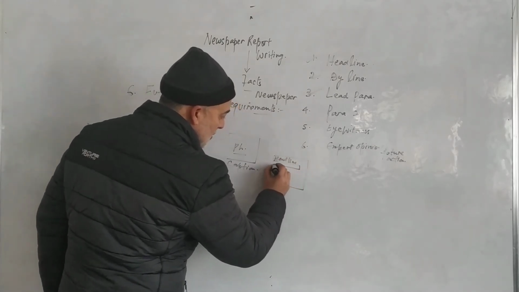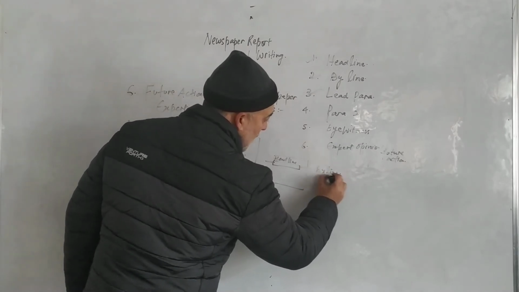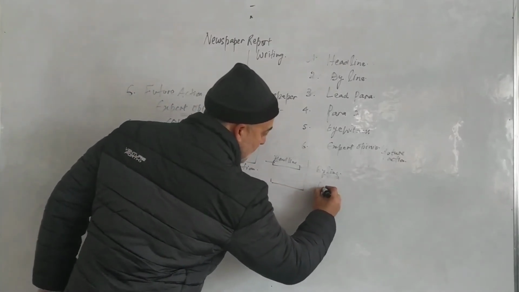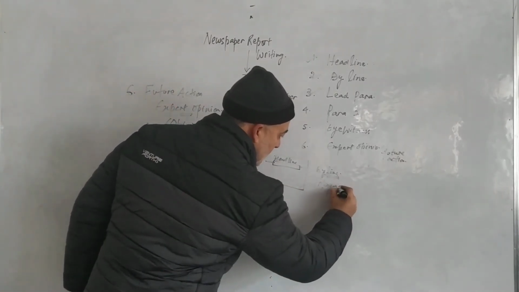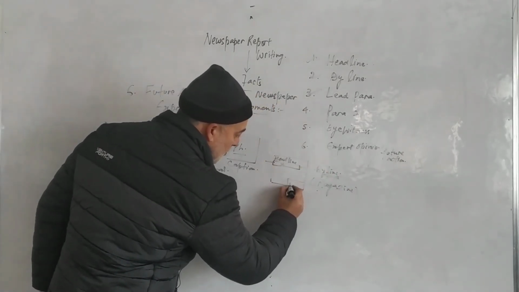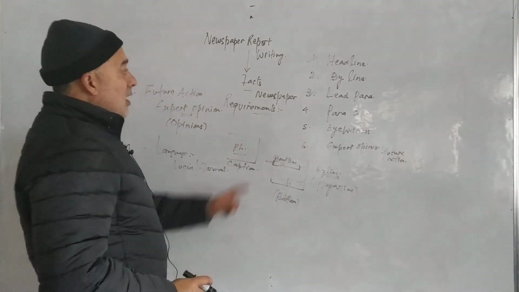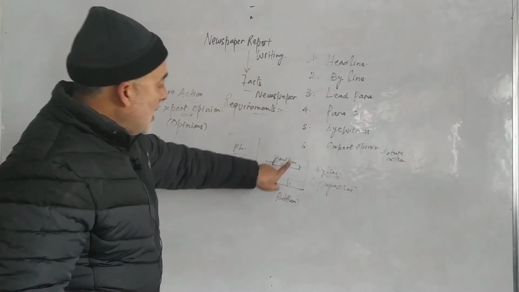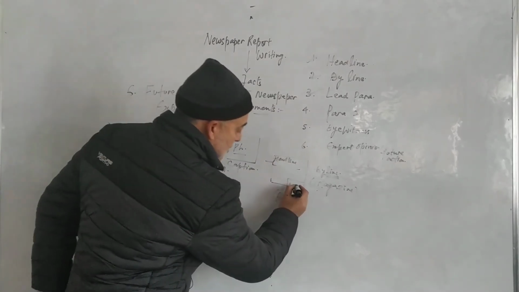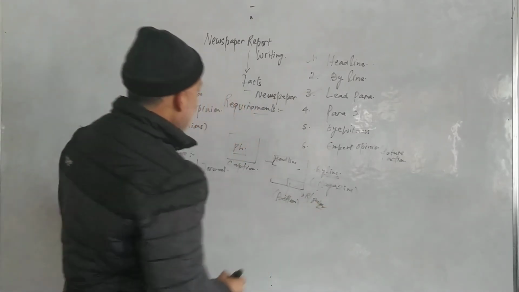But the important thing is you have to drop the byline that we have used in newspaper report after the headline. In magazine writing, this is to be dropped and used at the bottom of the paper, at the end, at the right side of the paper. The rest is the same.